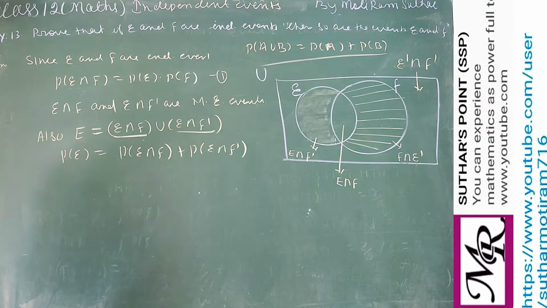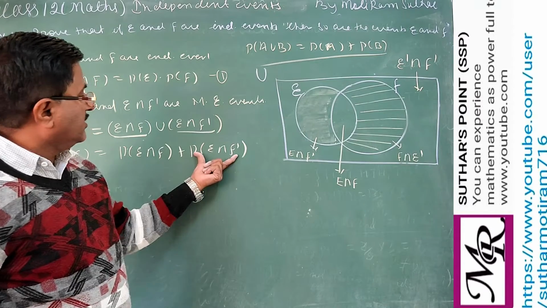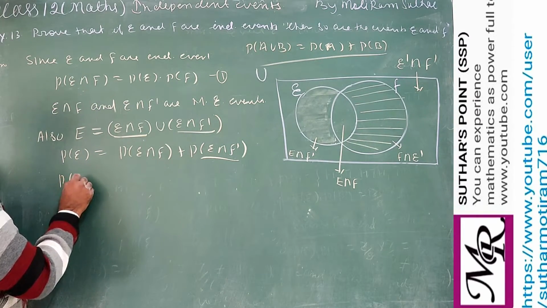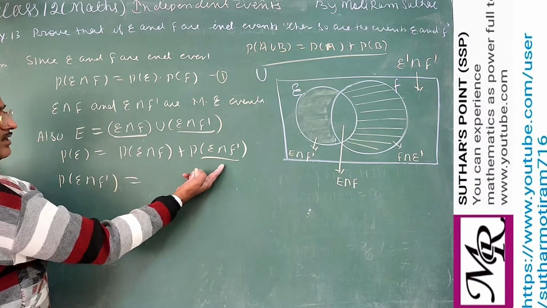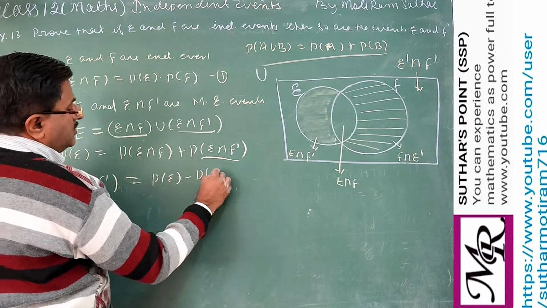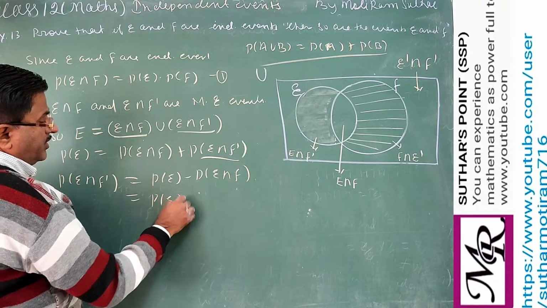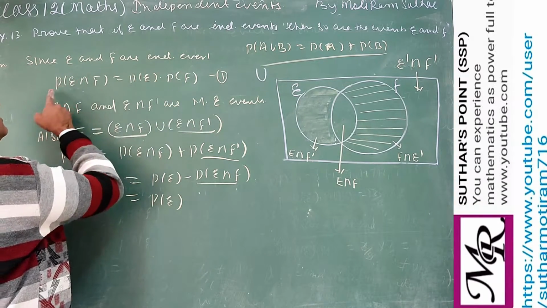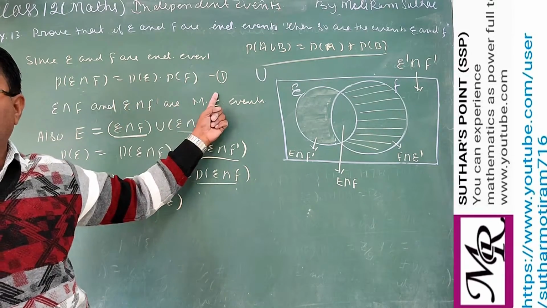Now we want to prove what? E and F naught. So we take on one side P of E intersection F naught, which equals, transferring to this side, PE minus P of E intersection F. Now, we are already given that E and F are independent events, so P of E intersection F can be replaced by PE into PF.